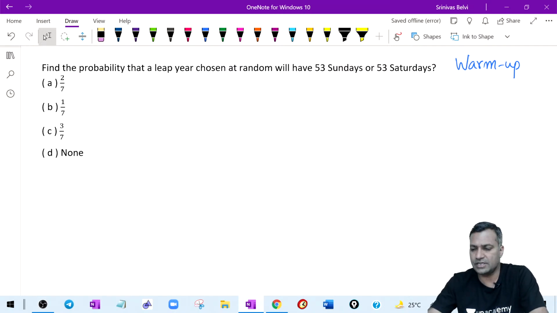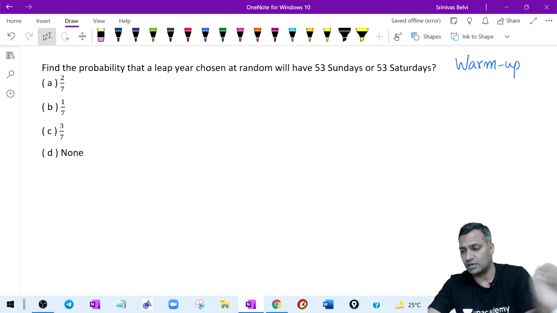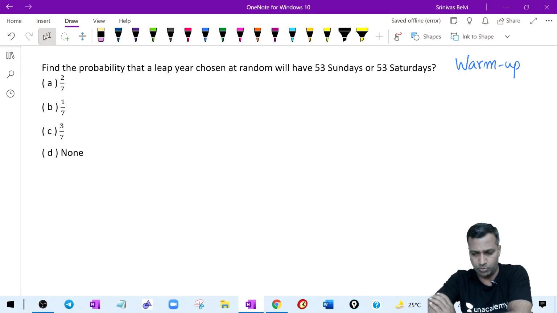Here is a simple question. Why don't you answer this particular question? Very popular question. Those who prepared for placements would have come across this question. Very popular question in the probability space. Hi Rishabh. Good evening, Nazia. Go ahead, guys. Answer this. Put the answer in the chat. What do you think is the answer for this question?